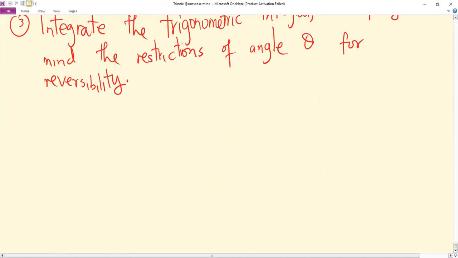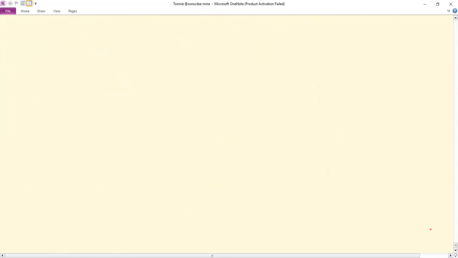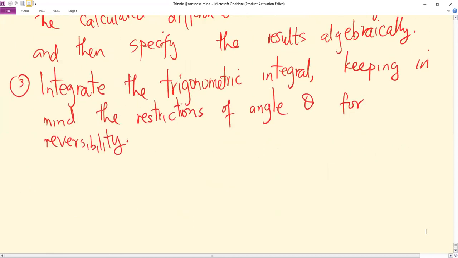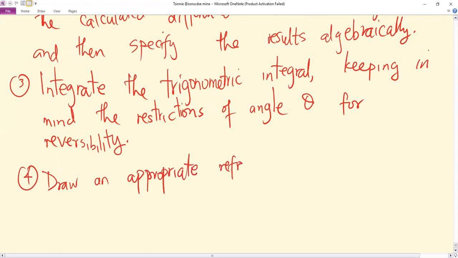And lastly, number 4, draw an appropriate reference triangle.